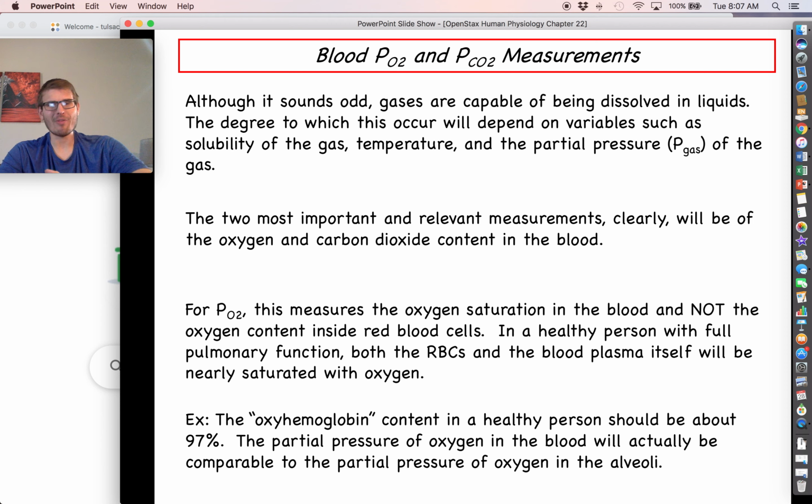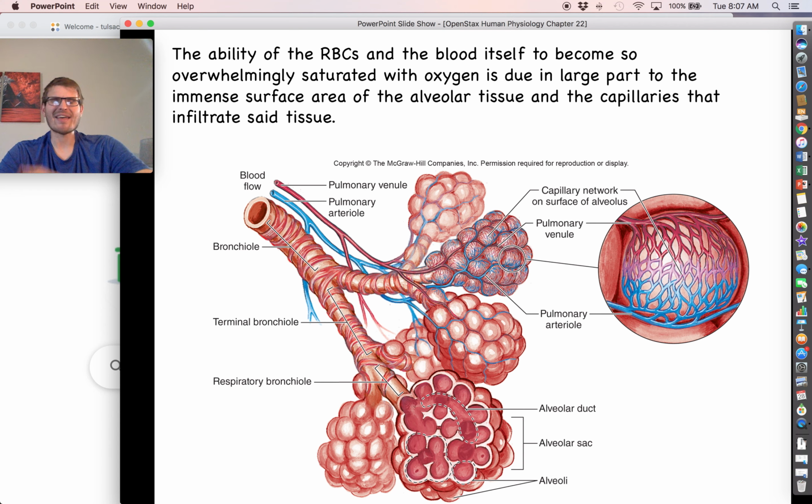As an example, the oxyhemoglobin content for a healthy person is usually somewhere around 97%, meaning of all the hemoglobin complexes in their whole body, 97% of them are fully loaded with oxygen. And let us not forget something that we talked about before.